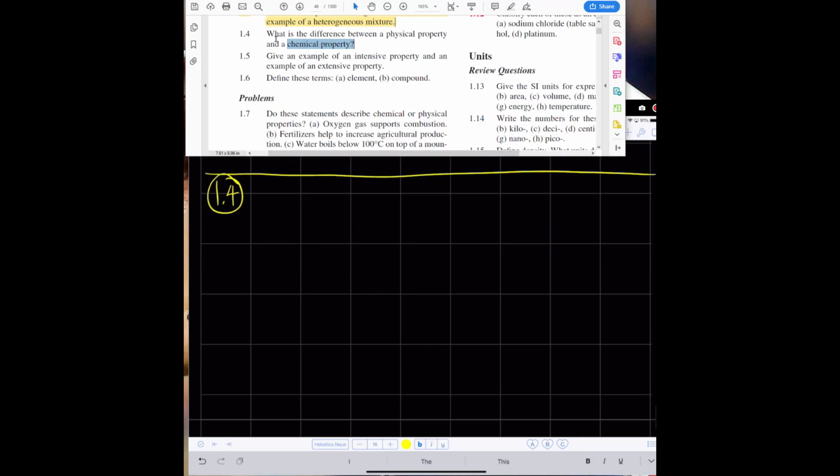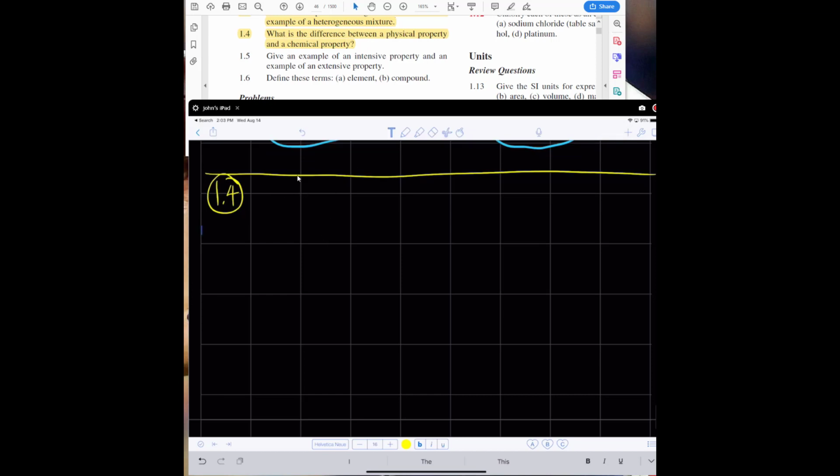Okay, number 1.4 is asking us, what is the difference between a physical property and a chemical property?